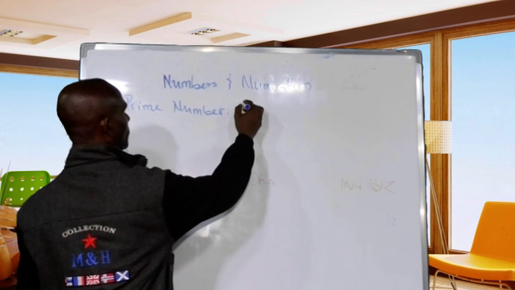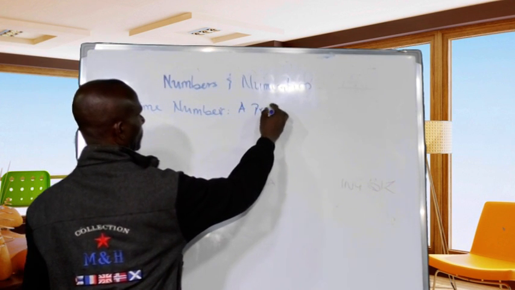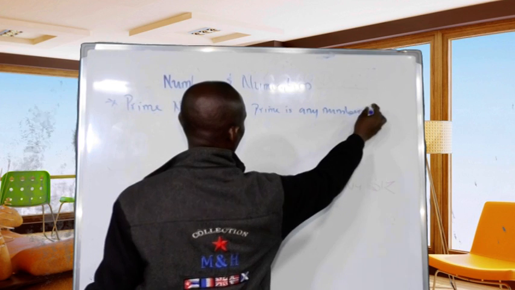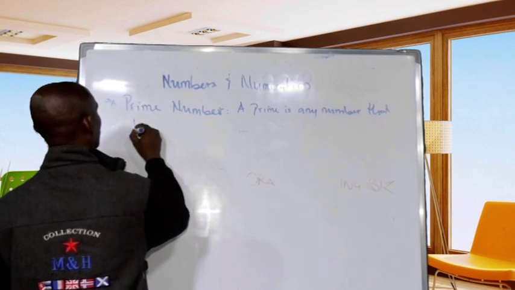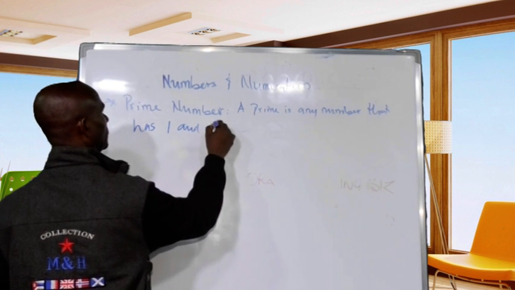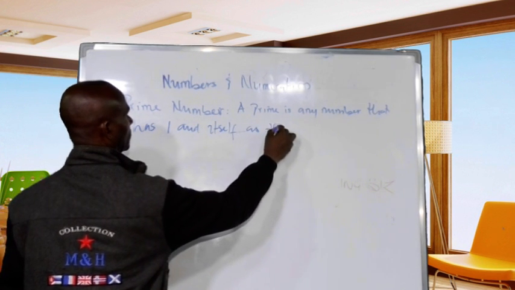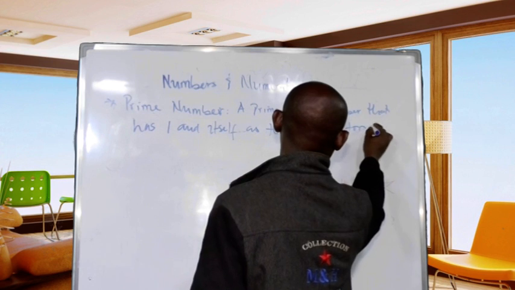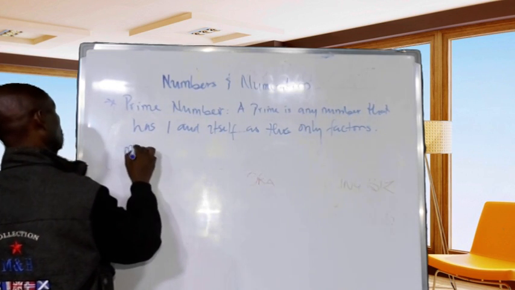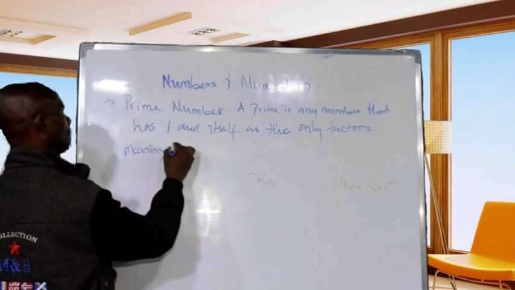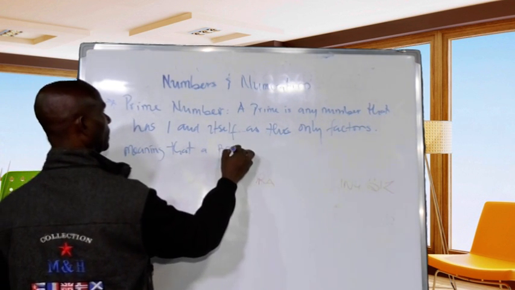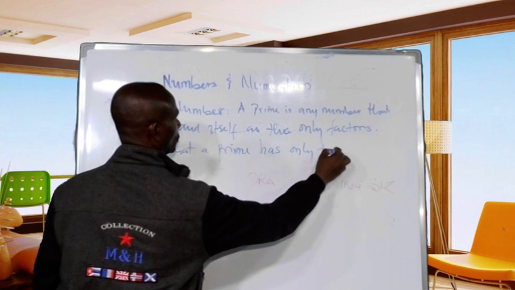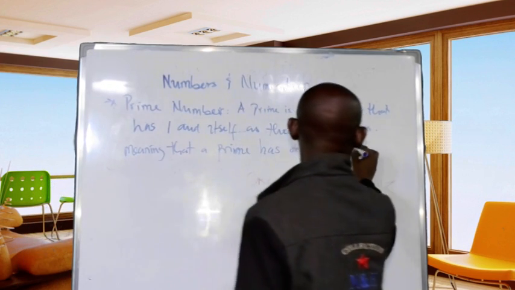A prime number is any number that has 1 and itself as the only factor, meaning that a prime number has only 2 factors.